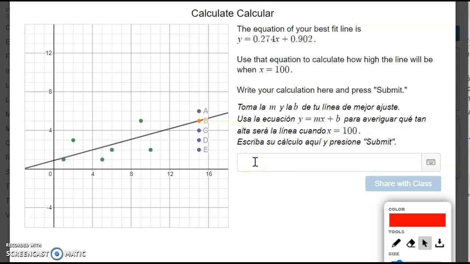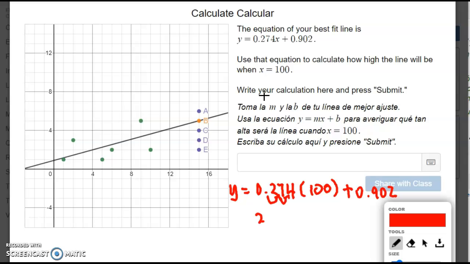So, okay, let's do the math. I am going to do the substitution. So y is equal to 0.274, and instead of x, I am substituting x to be 100, plus 0.902. Okay, I am multiplying by 100, but that just means I am going to move the decimal place 1, 2.